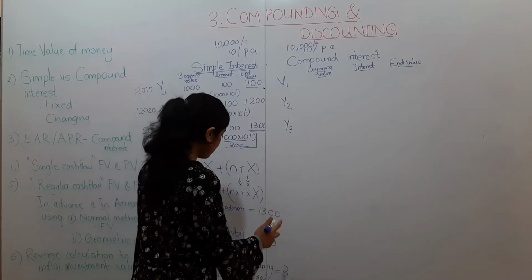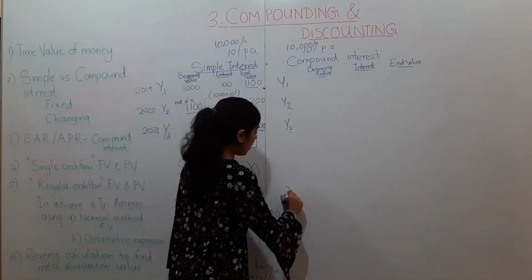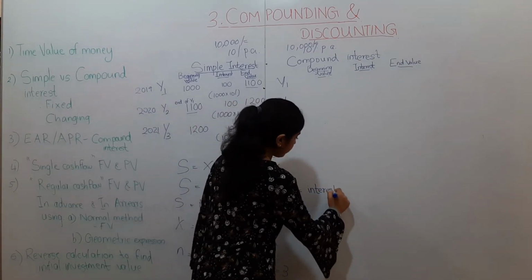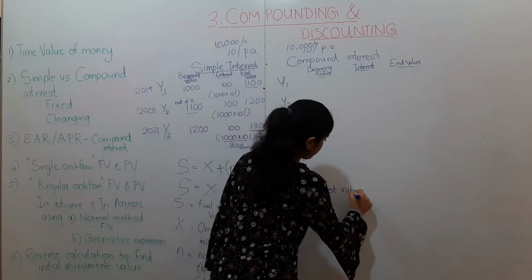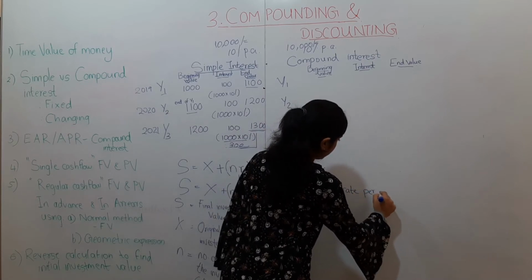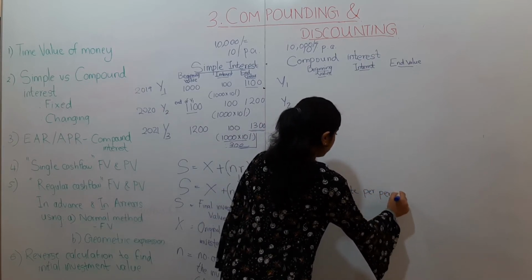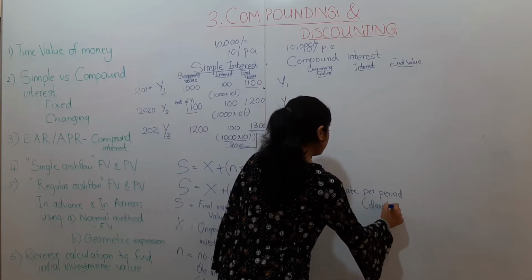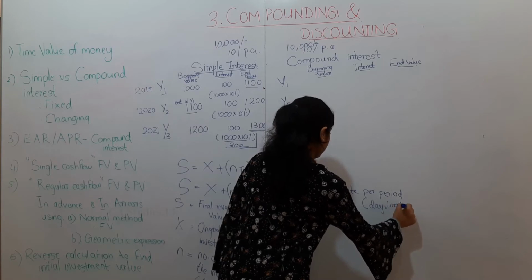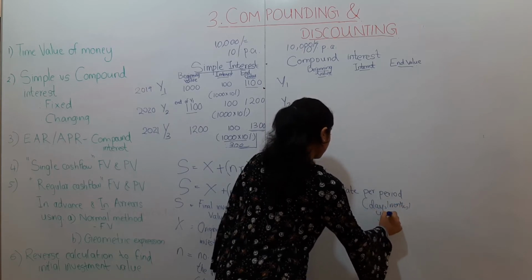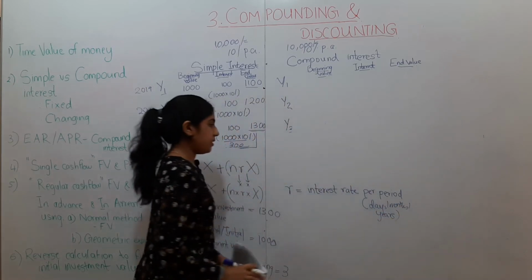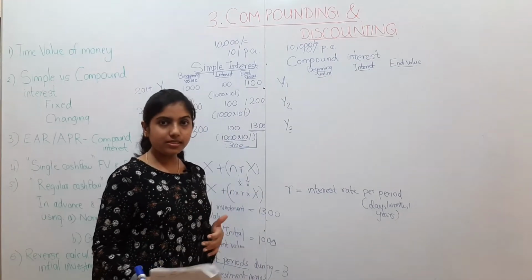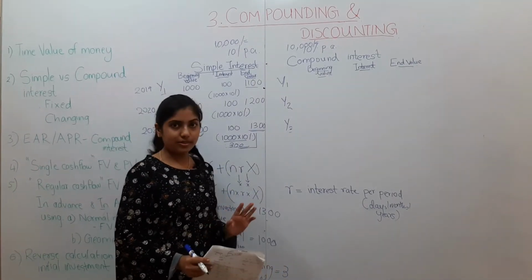Then the R. R is the interest rate per period, meaning it can be per day, month or year. There is a new point that we have to learn when it comes to this formula.